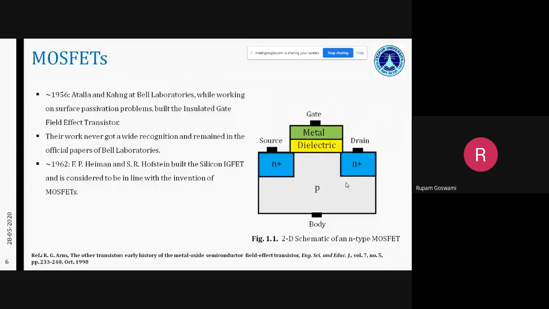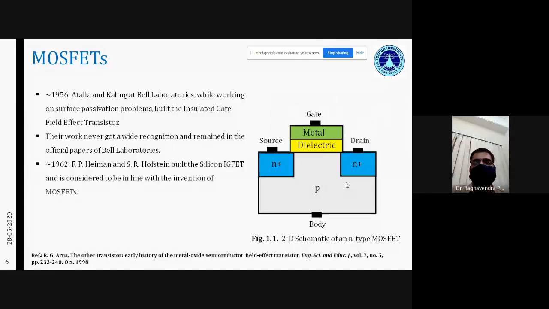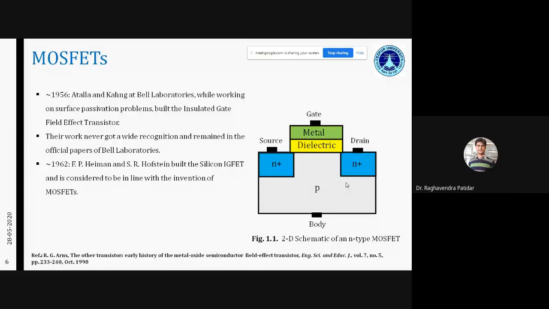Whenever you are shrinking the dimensions, the control of the drain over the channel increases, which we do not want. It is an unwanted effect. We want the gate to control the channel. Therefore, short channel effects become a very big problem.